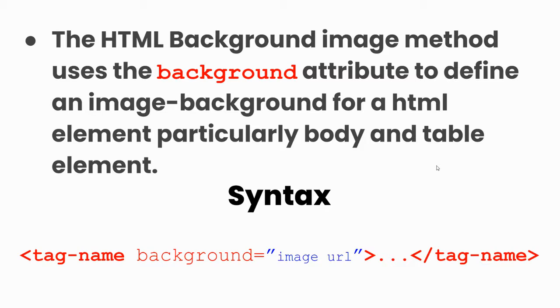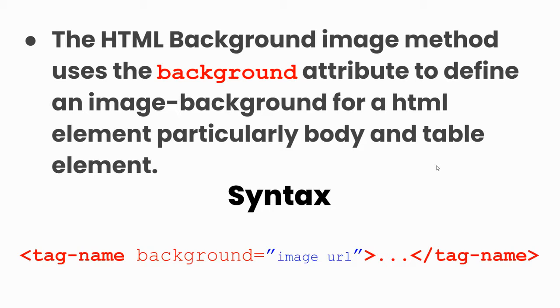So you can see the syntax below. We have the background attribute, and within the background attribute, you can see the value image URL. This image URL is quite similar to the source attribute, because the image URL is also used to get the location of the actual image you want to put on the background.